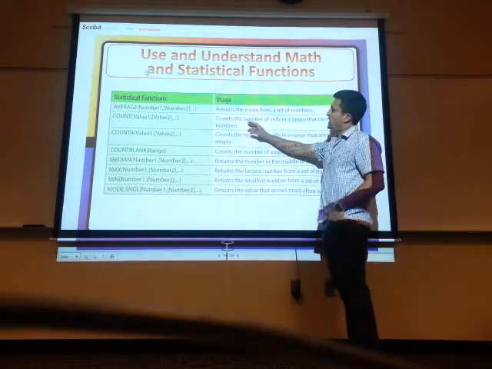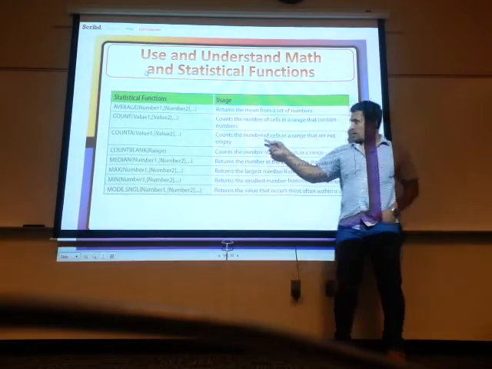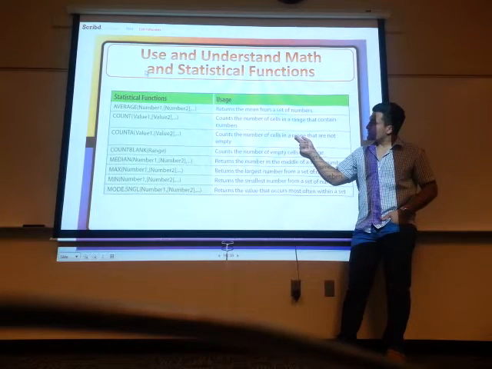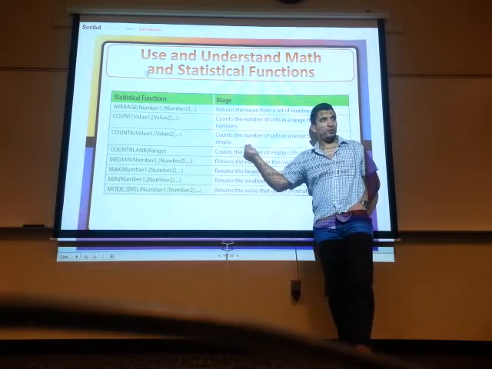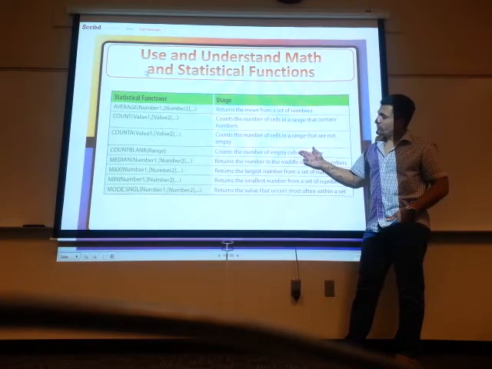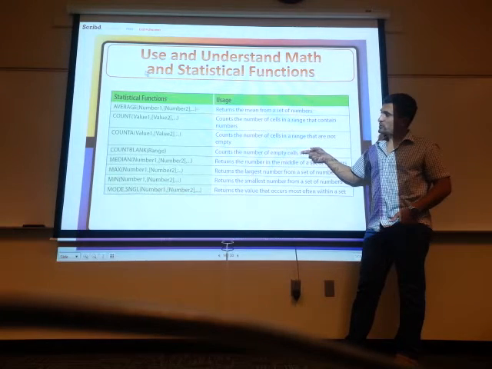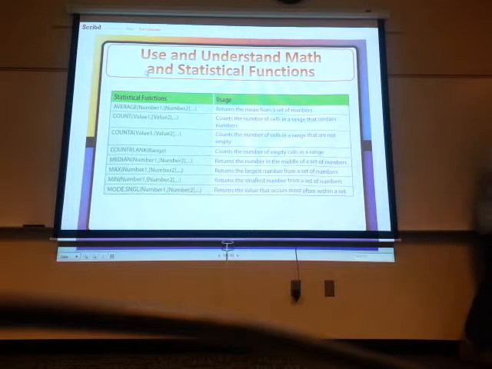Counts the number of cells in a range that contain numbers. Count A actually counts the number of cells in a range that are not empty, so either number or text. Count blank is the opposite of count A. Counts the number of empty cells in a range.